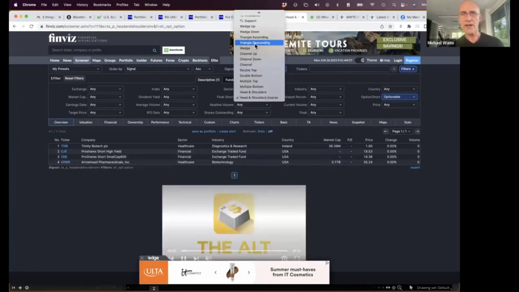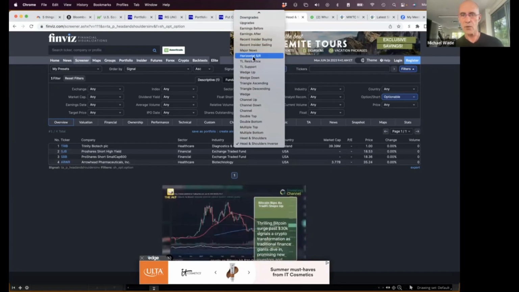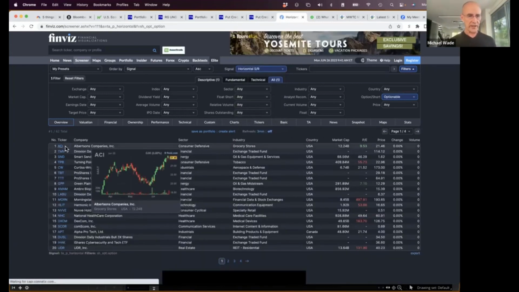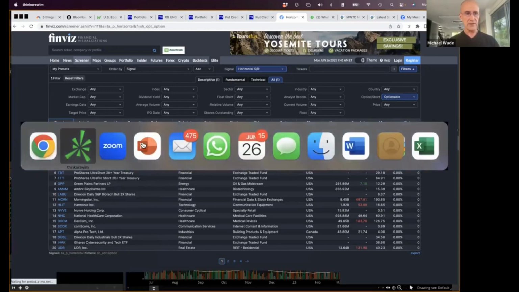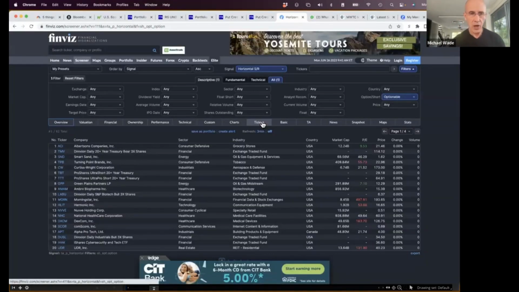Multiple tops, double channel down, channel finder, major news, horizontal support resistance. That's pretty cool. Let's look at ACI, Albertsons. Yeah, there's a beautiful, look at that resistance line right around 21.50. That's pretty cool. I've been wanting that for a long time, and they have it here for free. What?